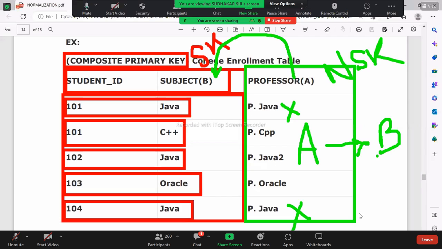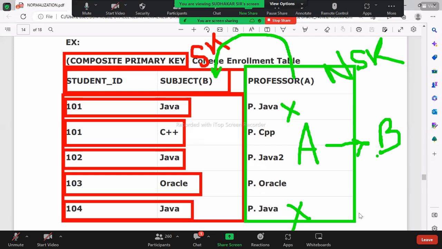That is Boyce-Codd normal form. But are you satisfied? No. Is A a super key or a non-super key? Non-super key. Professor depends on subject, A depends on B, and I want A to be a super key, but here A is not. So this is not satisfied for Boyce-Codd.